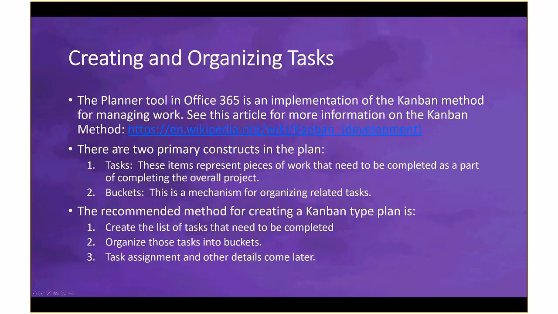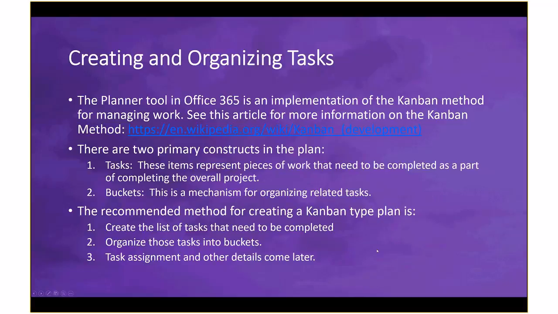In a Planner plan, there are basically two constructs. The first is tasks, which represent pieces of work that need to be completed as part of completing the overall project. The second construct is a bucket, which is just a mechanism for organizing related tasks.